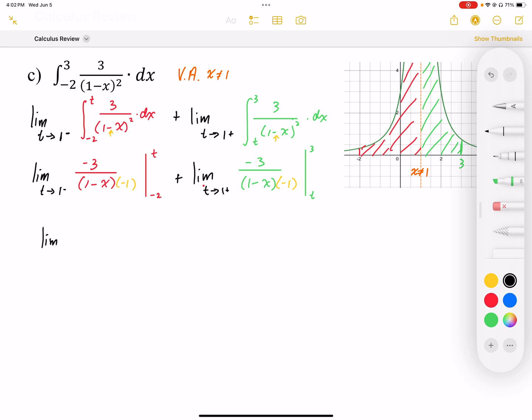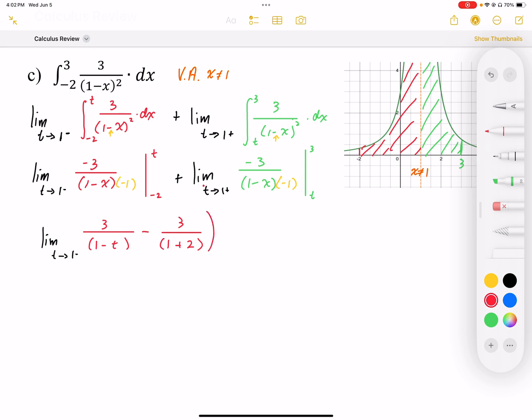And I'm going to end up with the limit as t approaches 1 from the negative side of 3 over (1 - x). So I'm just going to plug in my t. So 3 over (1 - t) minus 3 over (1 - (-2)). Okay, so that's going to represent that part.